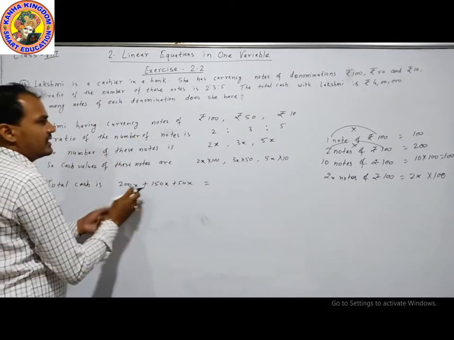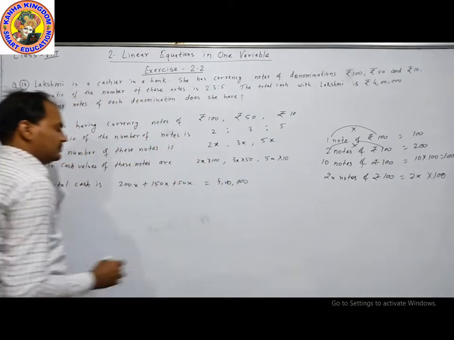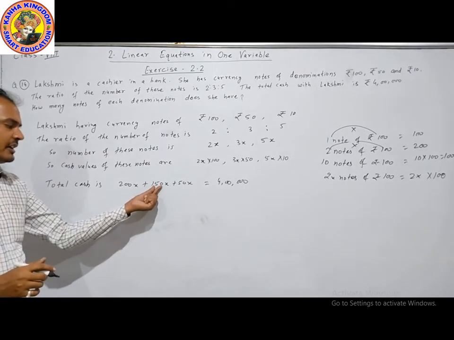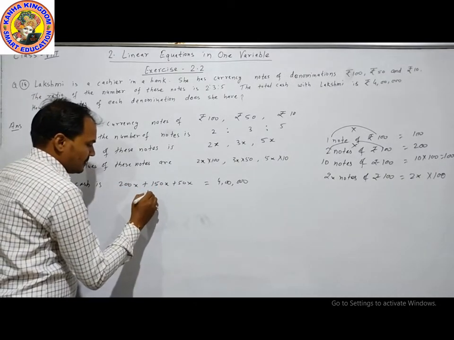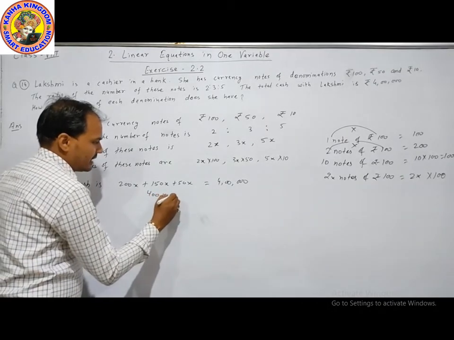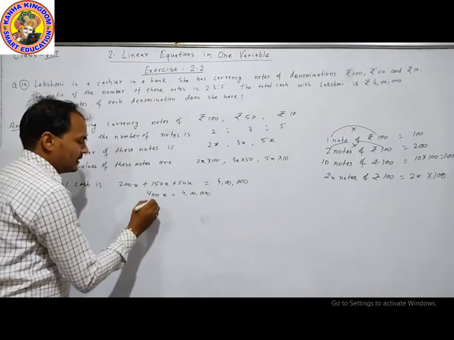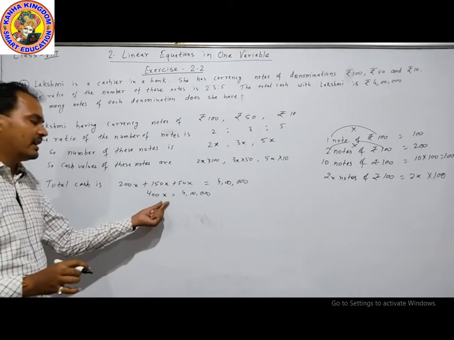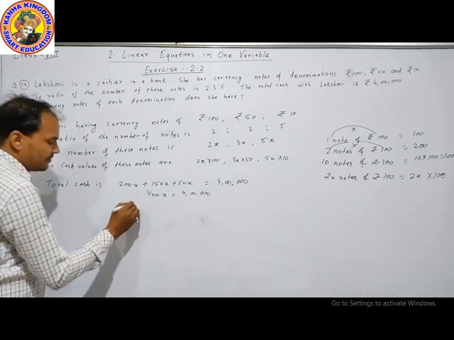The total cash is 4 lakh. 50 and 150 is 200, 200 plus 200 is 400. So 400x is equal to 4 lakh. Here we will find the value of x, so we will divide by 400.